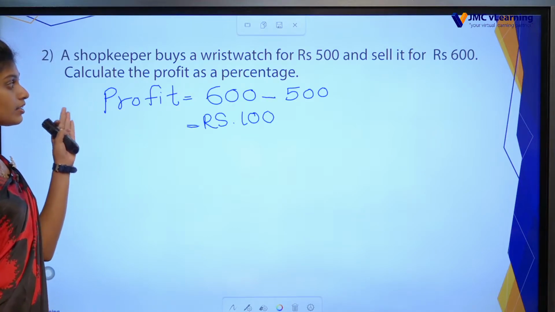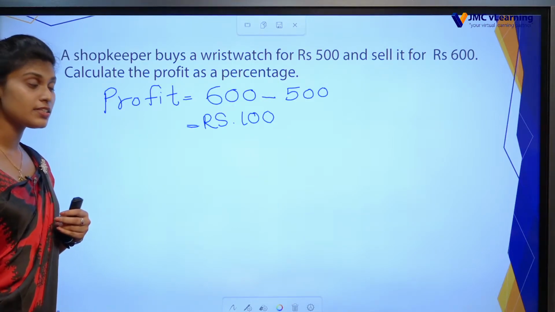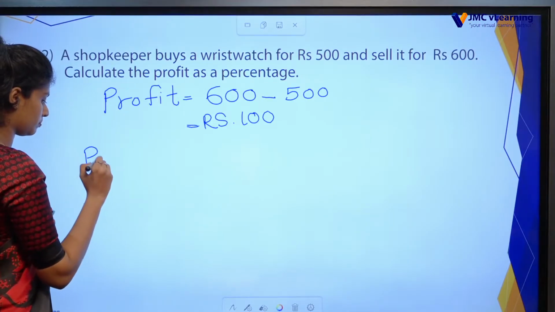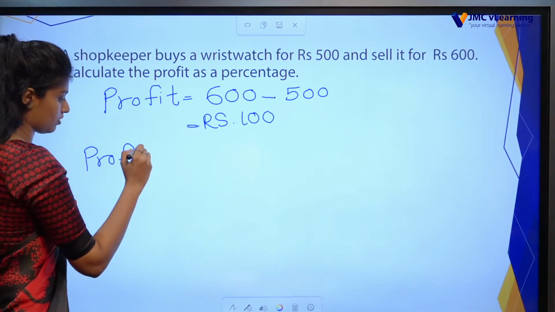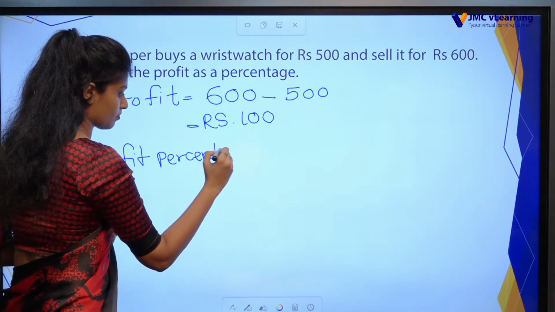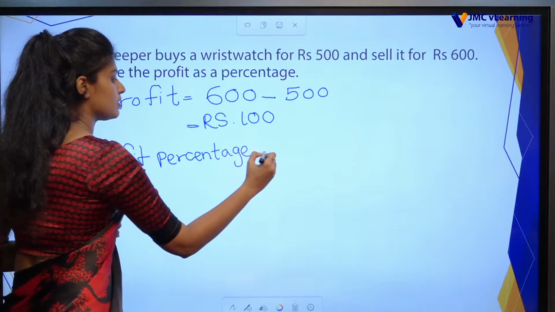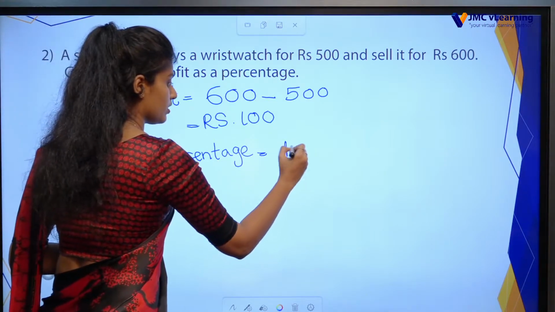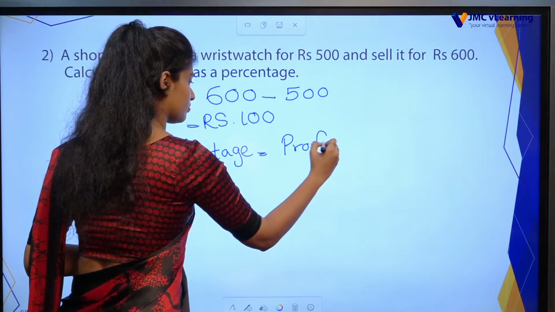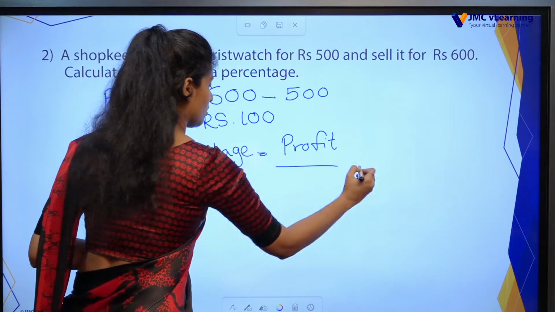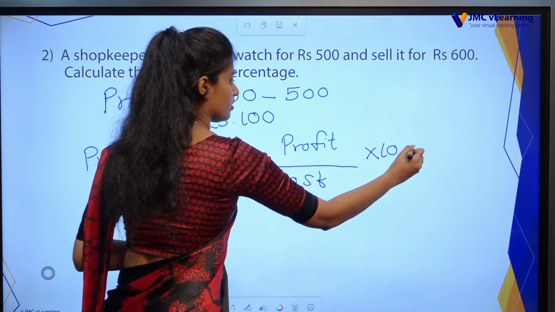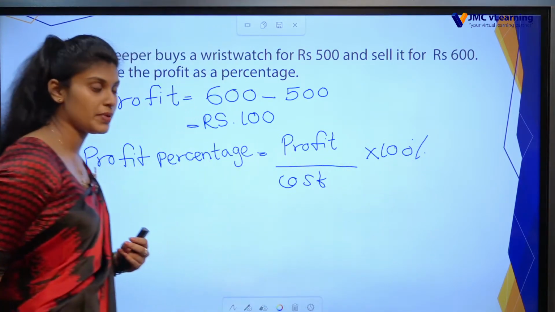You have to calculate the profit as a percentage. How can you find the profit percentage? Profit percentage is equal to the profit over cost multiplied by 100%.